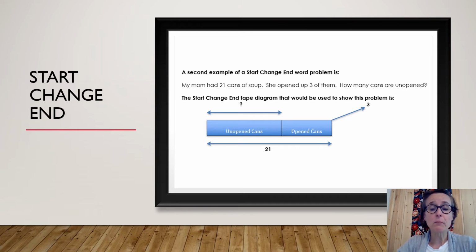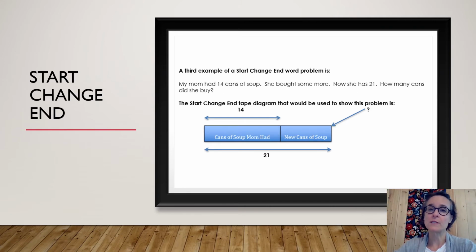I have another part, the part that's the unopened cans, and I see them sitting on the counter, but the problem does not tell me how many unopened cans there are. But if I know how many cans I started with, my whole, and I know that we opened 3, I think I know what I need to do to figure it out.